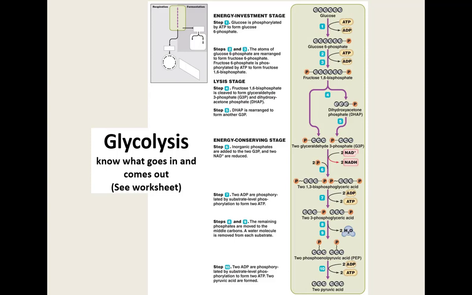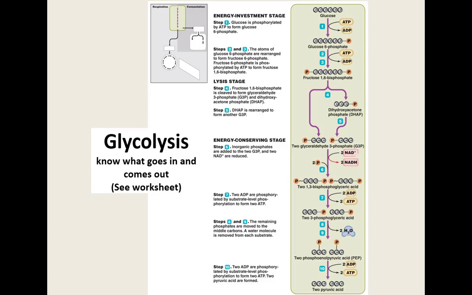Now, there are lots of little steps along the way. We're not going to go through all of those. If you ever want to take a cell biology class, which literally the entire semester is all about the cell, you can learn all the little steps. That's not this class. So lots of things are going on, and I care mostly today about the product, and then what else we get out along the way.